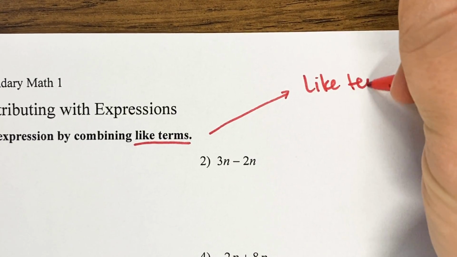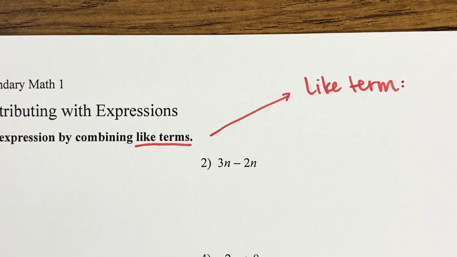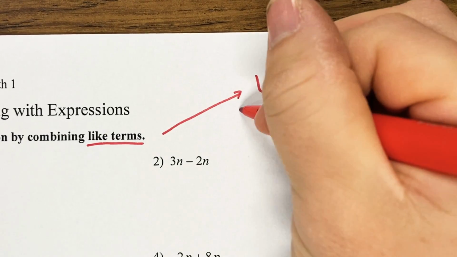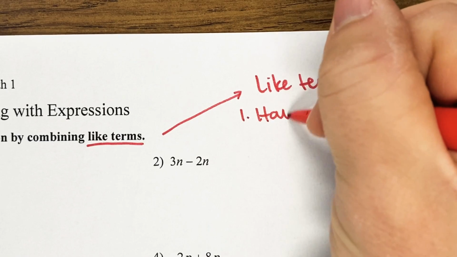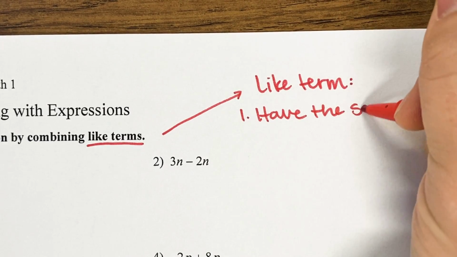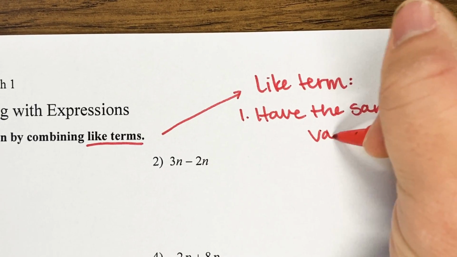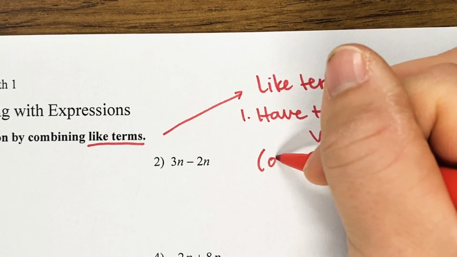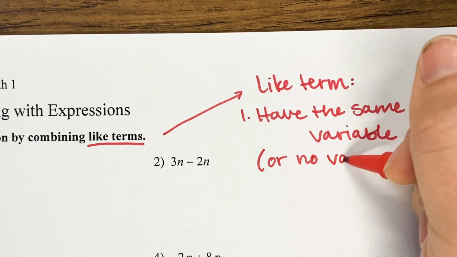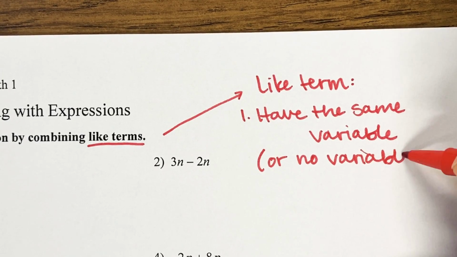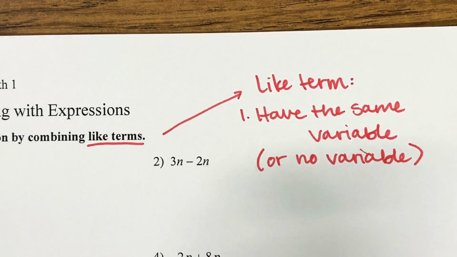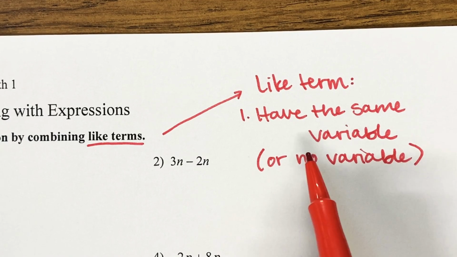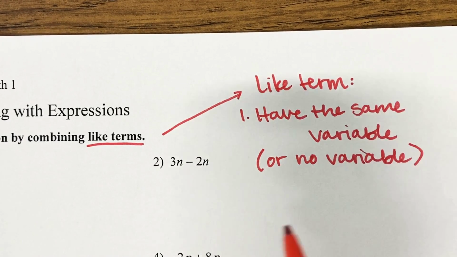In order for something to be a like term, it has to have the same variable. And I'll even add in parentheses, or no variable at all. Right? It either has to have the same variable or no variable.